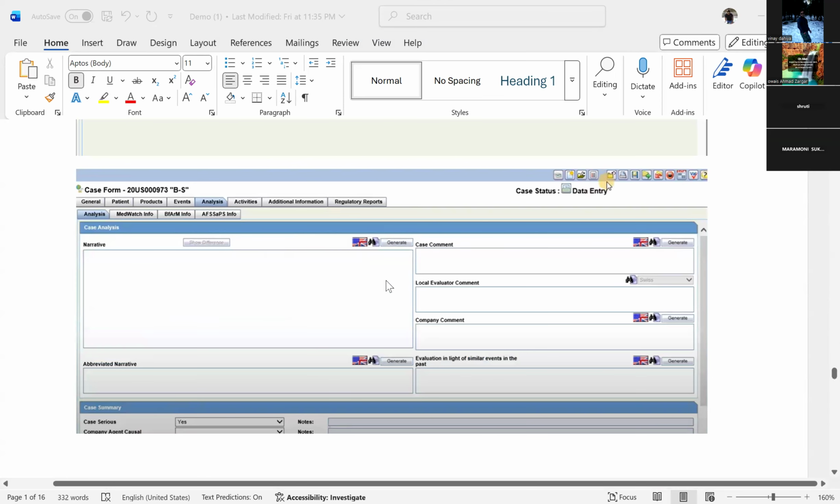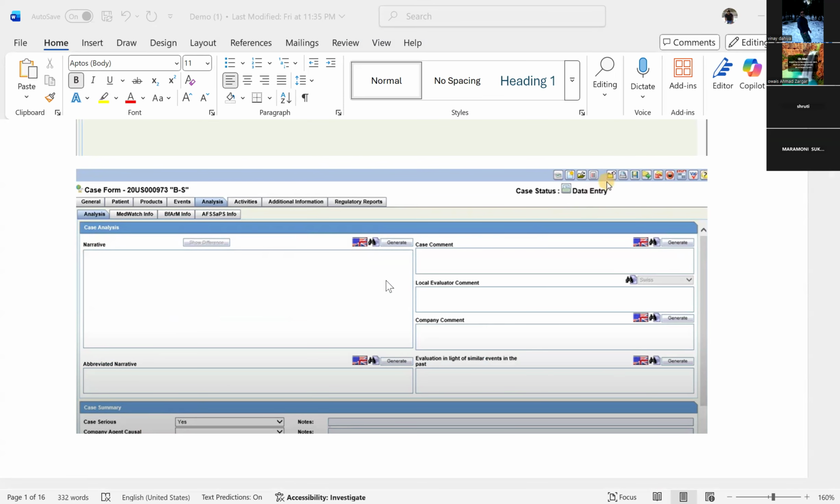Okay. So before writing a narrative, we should understand what narrative writing is, or what the narratives are. Narratives are basically the story that the regulatory authorities or the regulators read.